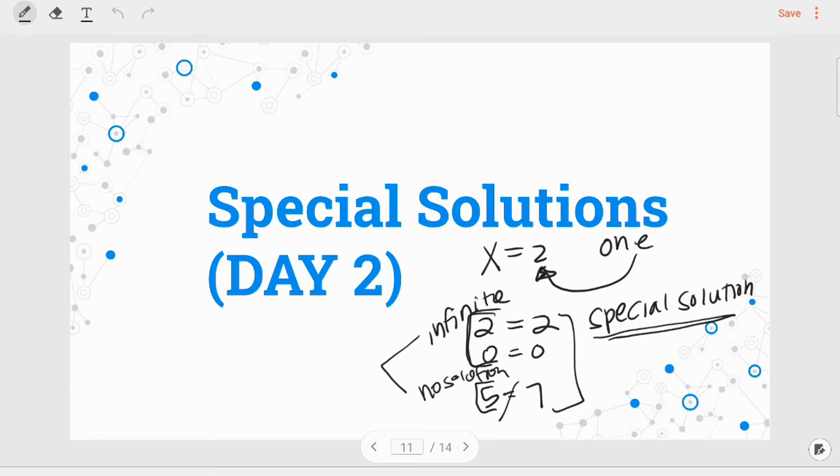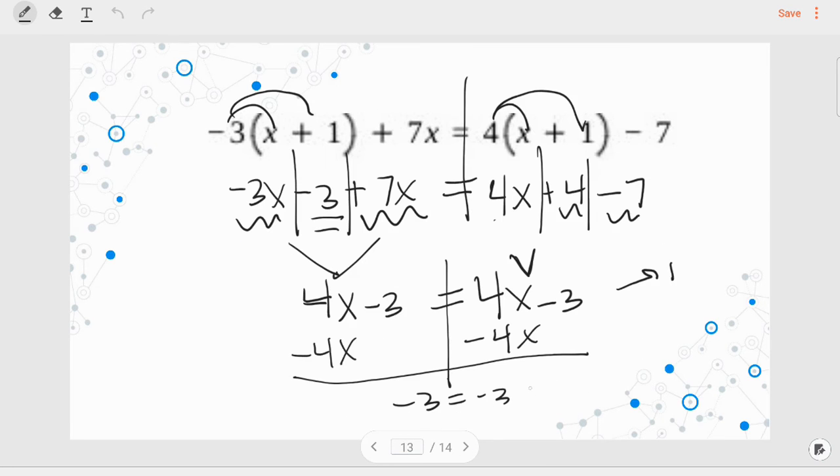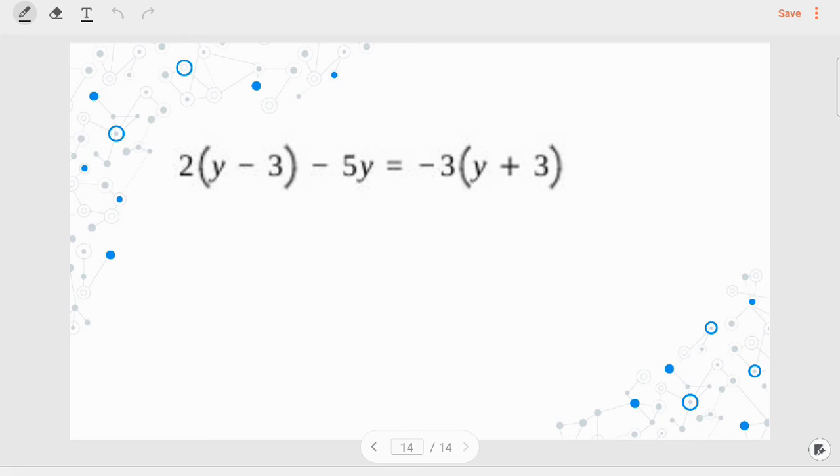Remember, infinite solutions are when I have a true statement. Negative 3 is equal to negative 3. So right now I can claim infinite solutions. If you made your variable side the other side, you probably ended up with 0 equals 0. That's also a true statement, and they both mean infinite solutions.